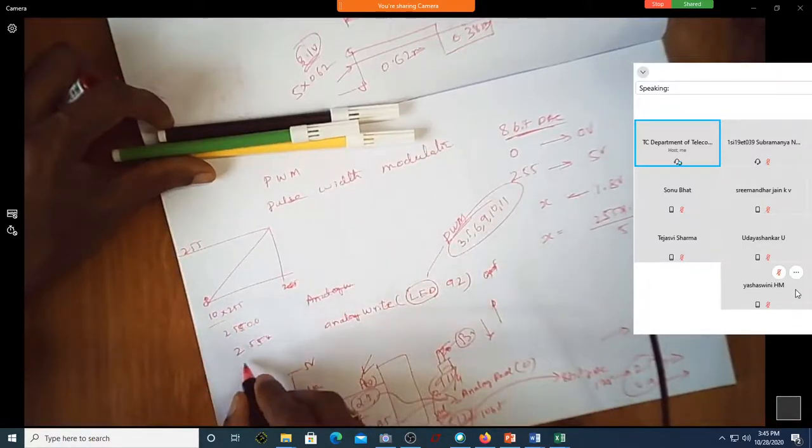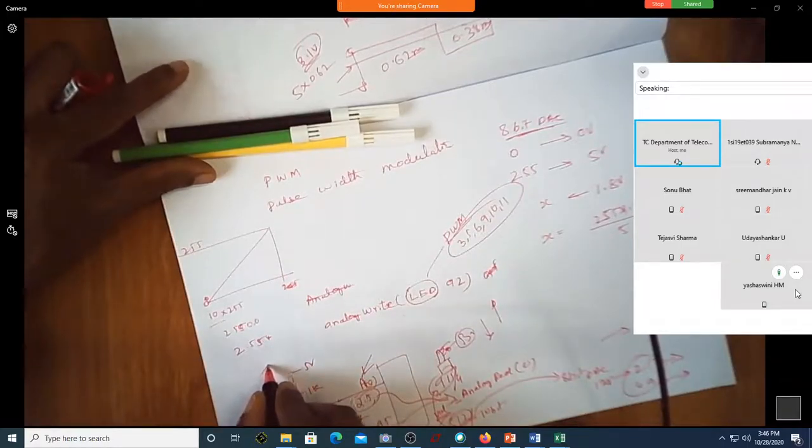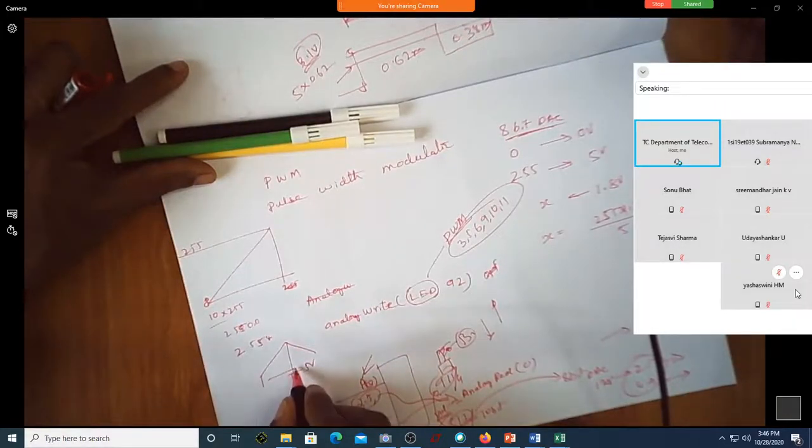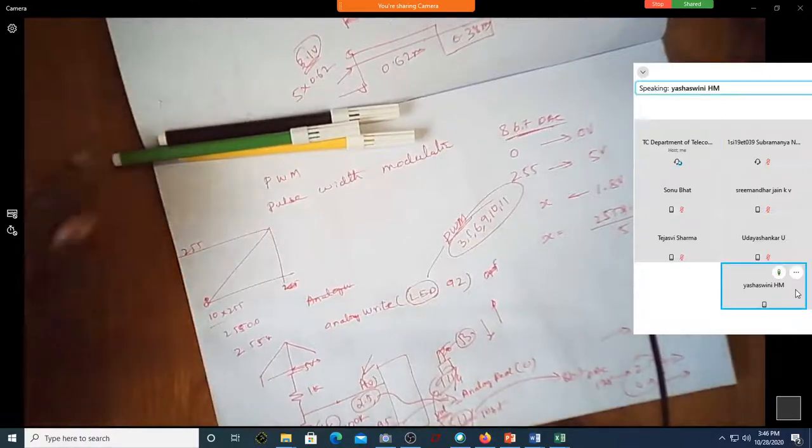For fade out it will again take the same, meaning every 5 seconds it goes high and then comes down. It takes 2.5 seconds to go from here to here, and again 2.5 seconds from here to here.